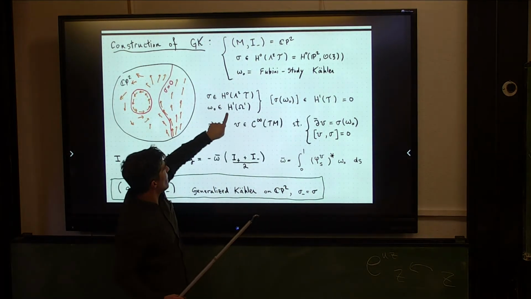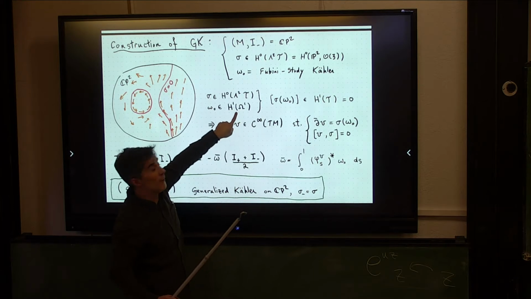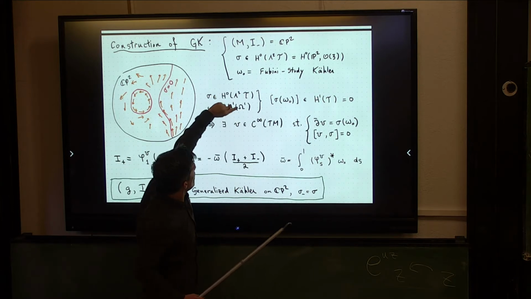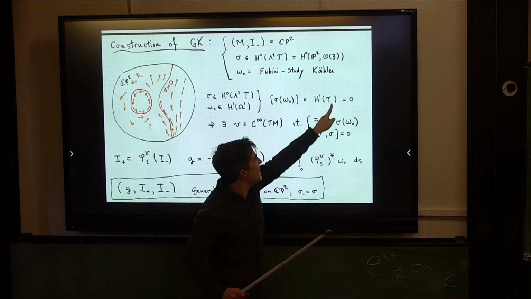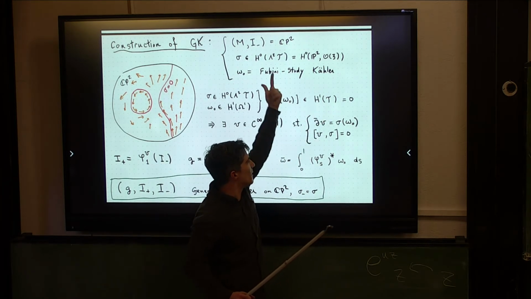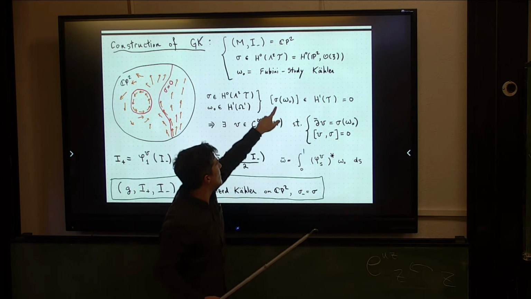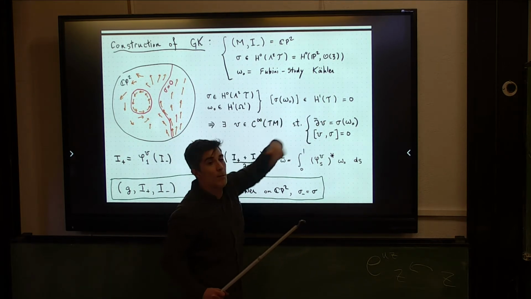I'm thinking of the Kähler form as H1 omega 1. It's a 1-1 form, okay? And then this one form contracts against the bivector, and you're left with T. But H1T, that's the deformation space for the manifold, and if we're on CP2, this is 0. So that means that sigma applied to omega is Dolbeault exact.